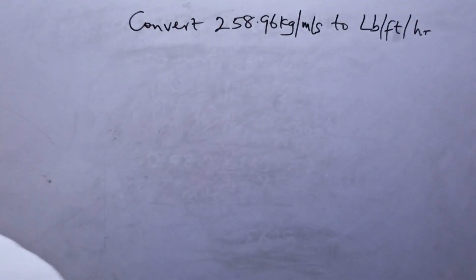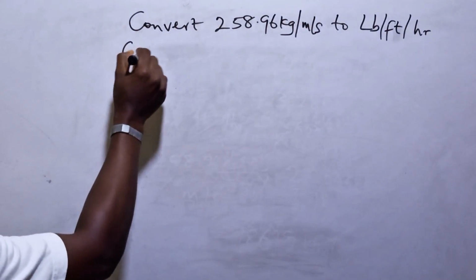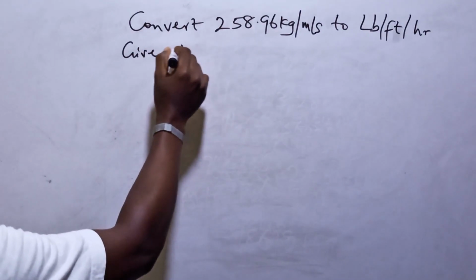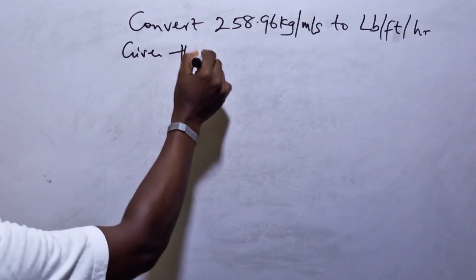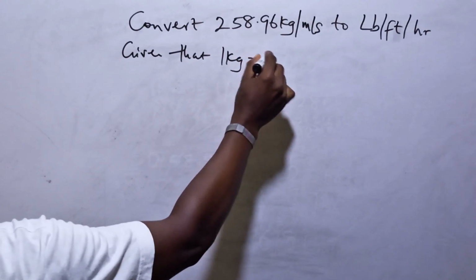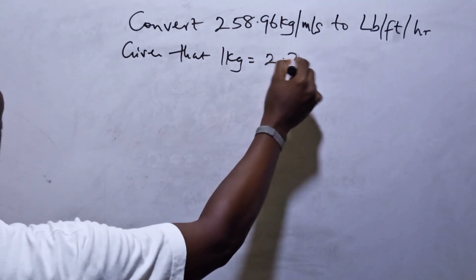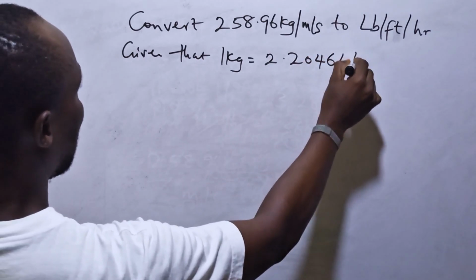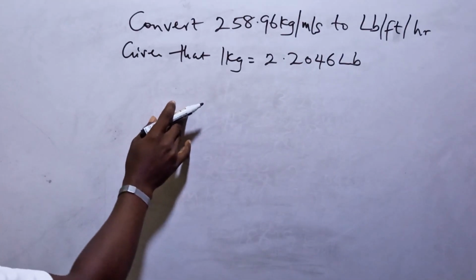Now we are given that 1 kilogram is equal to 2.2046 pounds, lb.